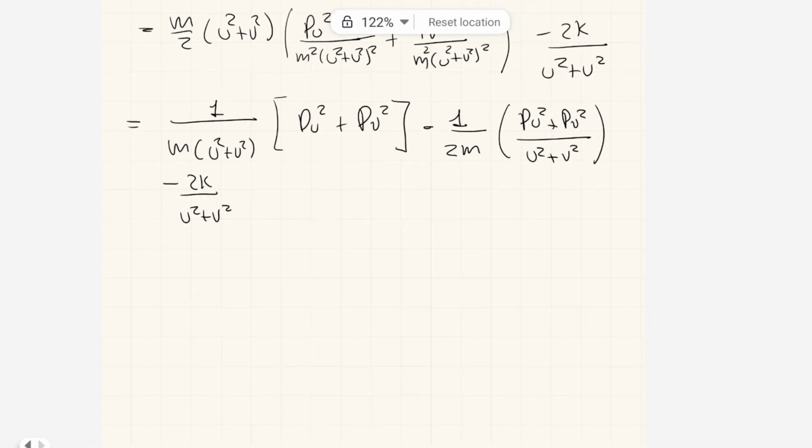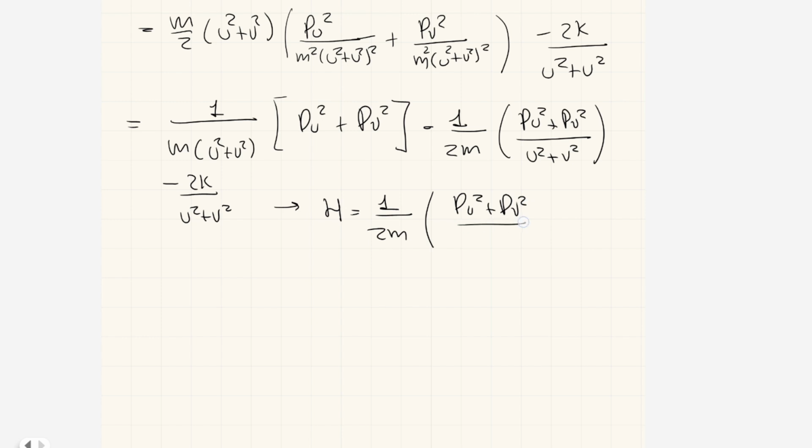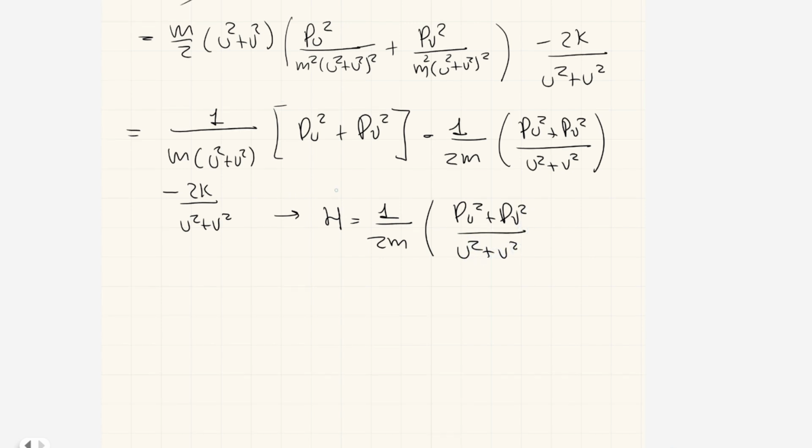So finally, the Hamiltonian can be seen as 1 divided by 2m times (pu² + pv²) over (u² + b²), just by simplifying these two elements, and then minus 2k divided by (u² + b²).